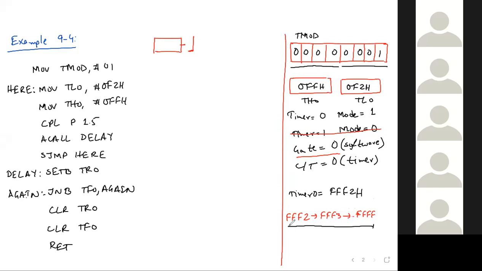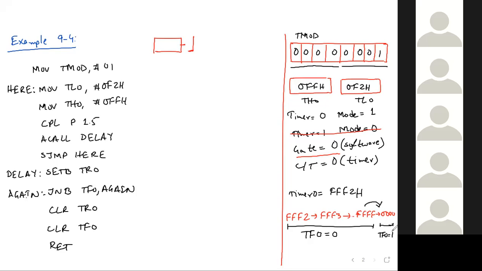In all this stage, your overflow flag, which is TF0, will remain 0. But when you have completed here, from here you will go to 0000. That means you will go to the beginning. When you jump from FFFF to 0000, your TF0 becomes 1.